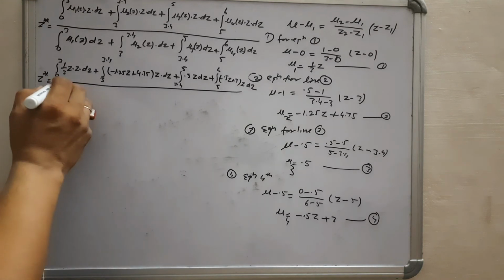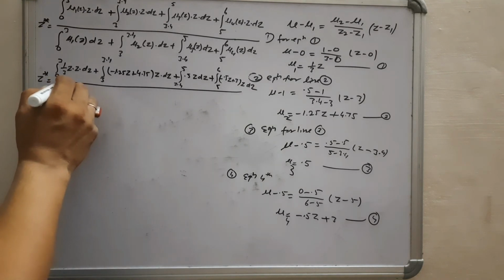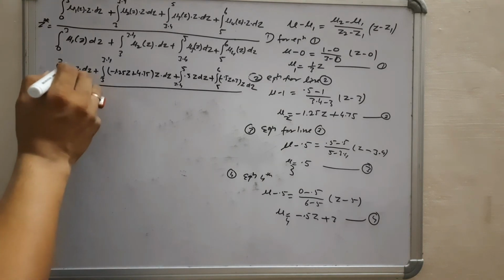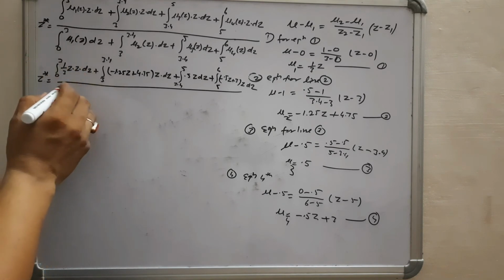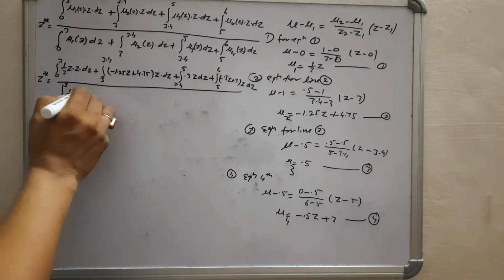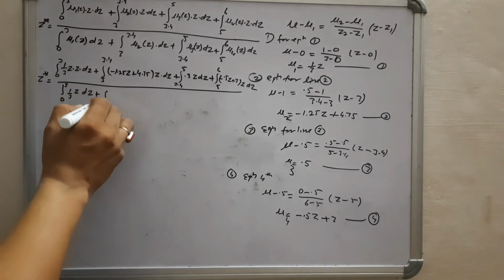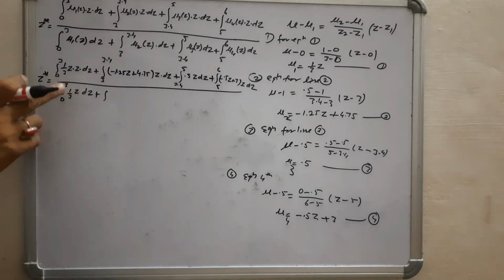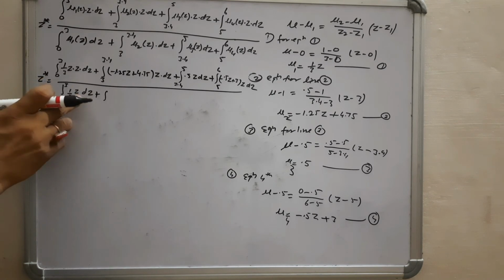And in the denominator, we have to write the same equation without multiplying this z. So it is 0 to 3, 1 by 3 z dz plus, the only difference is that it is coming without this z.